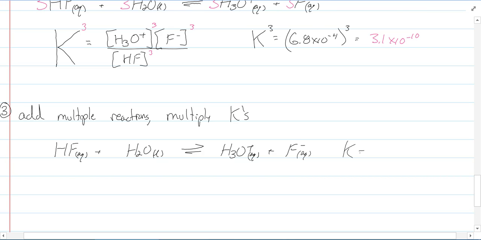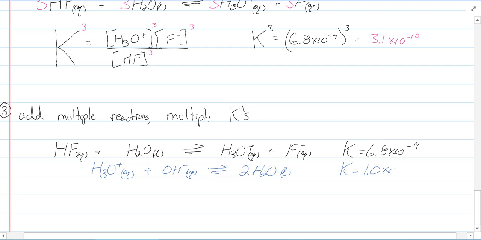It has a K of 6.8 times 10 to the negative fourth. Throwing in another reaction, hydronium plus hydroxide, going to 2H2O liquid. That K happens to be 1.0 times 10 to the 14th.